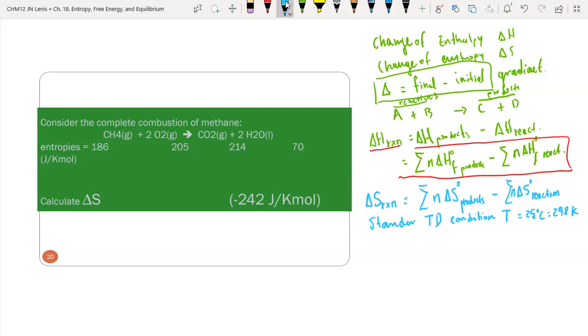What is the standard pressure? The standard pressure is 1 atmosphere, 101 times 10 to the 5 pascals.